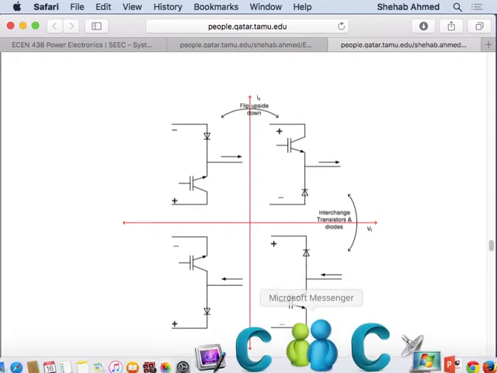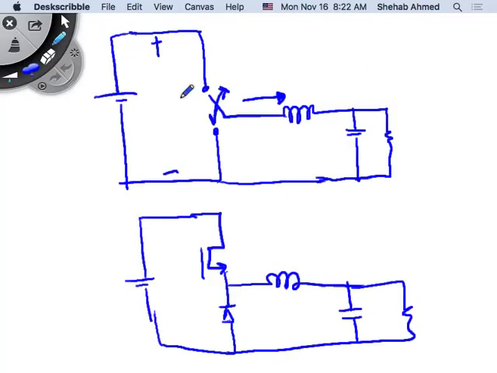So we go back here and we established that this is V input, and the voltage here is a chopped version of this input voltage, right? It's V input, 0, V input, 0. So it's a chopped version of what I see here, right?